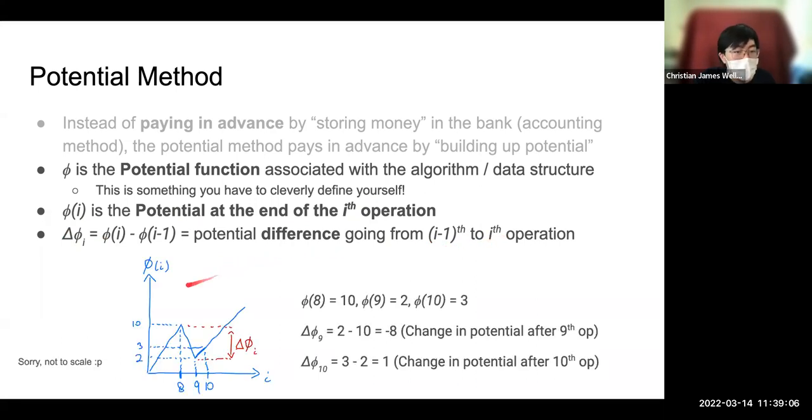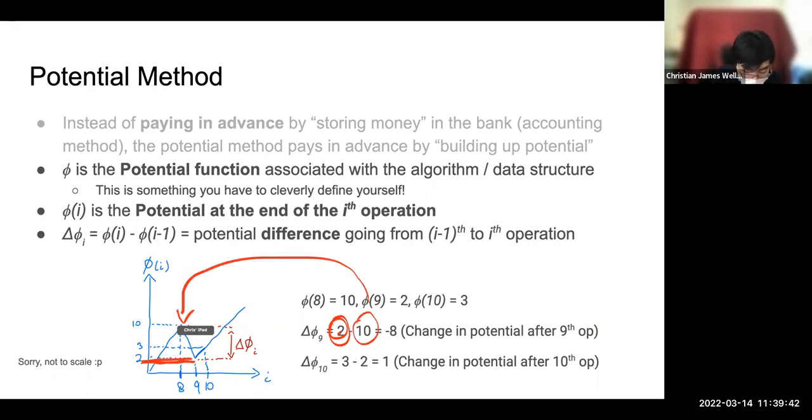Let's see with an example. Okay, let's say this is how the potential function goes. It climbs up, goes down, climbs up. So at the 9th operation, 2 minus 10. If I want the potential difference at the end of the 9th operation, what I do is I compare with the 8th operation. The 2 here comes from the 9th operation, and the 10 here comes from the 8th operation. The potential difference is 2 minus 10.